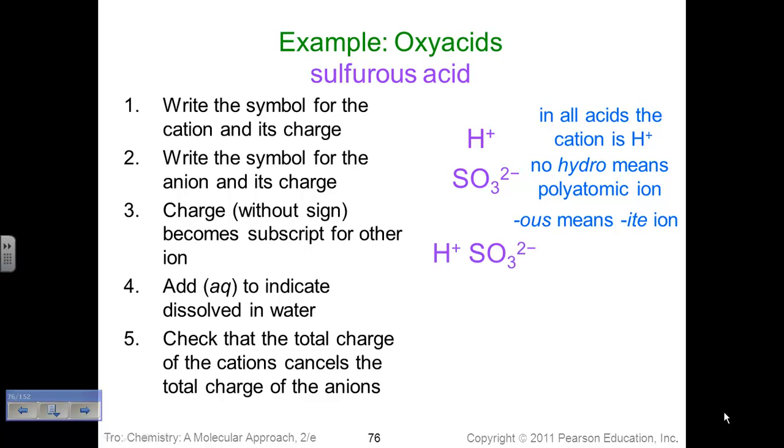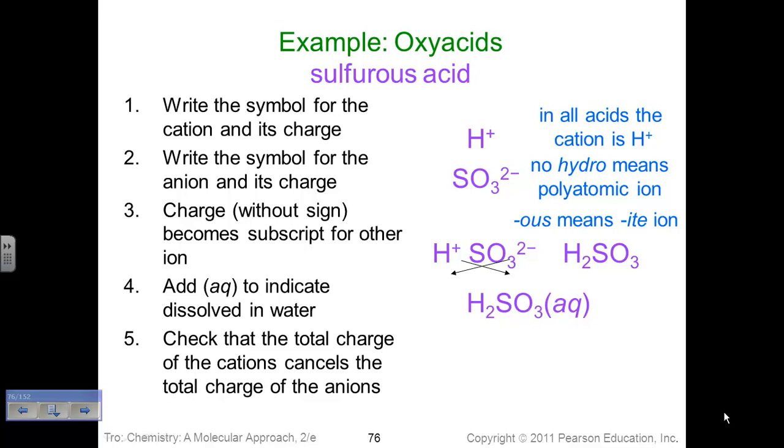Consider charges as we think about writing our formula. How many positive compared to so many negatives to create an electrically neutral compound? Well, 2 units of a +1 hydrogen are needed to balance the -2 charge of sulfite. H2SO3 aqueous. Hydrogen sulfite, named as an acid, is called sulfurous acid. Out of water, hydrogen sulfite.